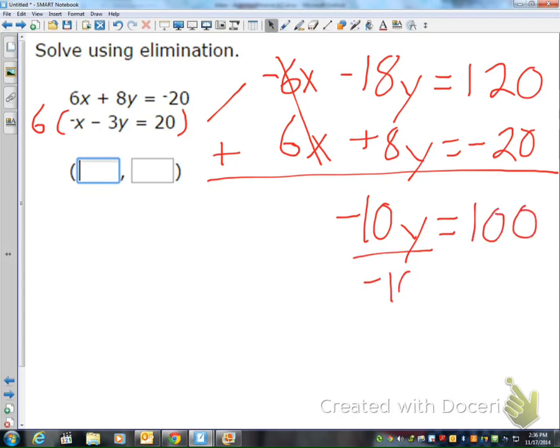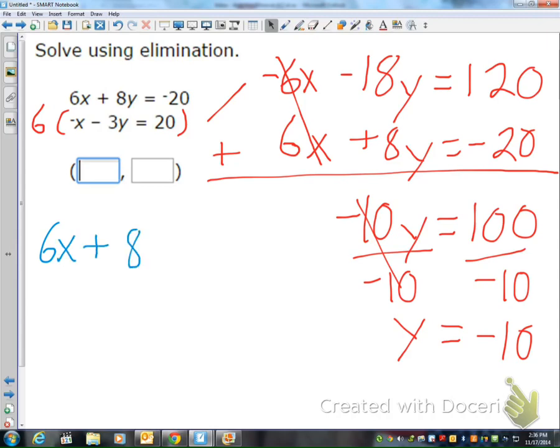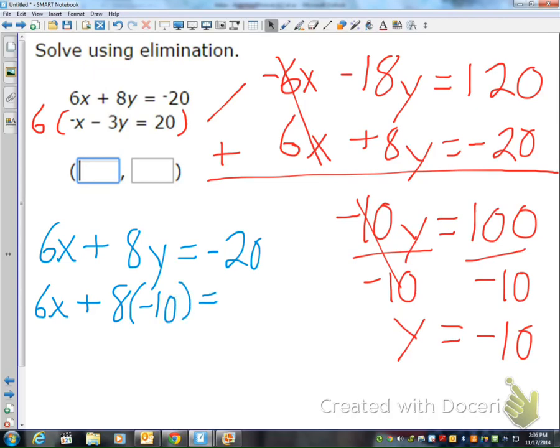And then I can divide through by negative 10 on both sides. So my y value will equal negative 10. And then I can pick either equation to plug in to solve for x. So if I take 6x plus 8y equals negative 20, and I simply replace y with negative 10, then I end up with 6x minus 80 equals negative 20.